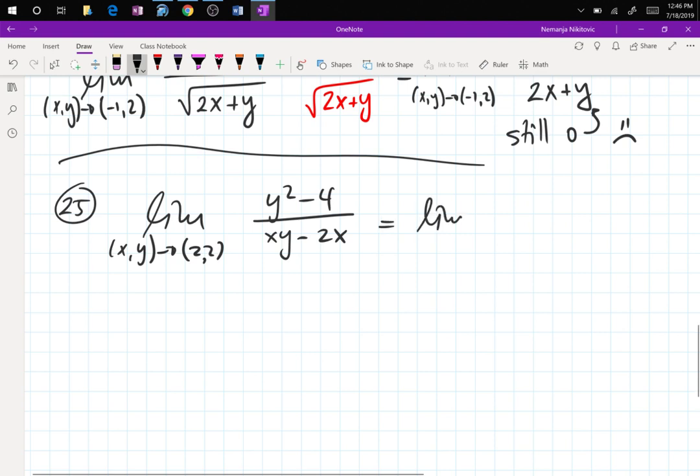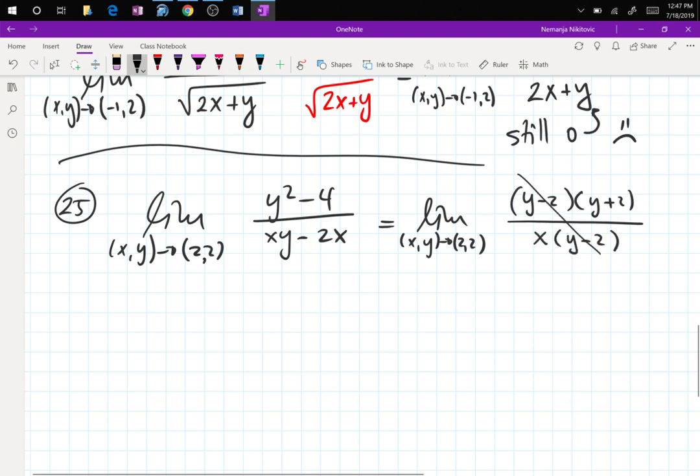So in this case, again, we factor. The numerator is y minus 2 times y plus 2, and in the denominator you factor out x, and you get y minus 2. Oh, yay, that dies.